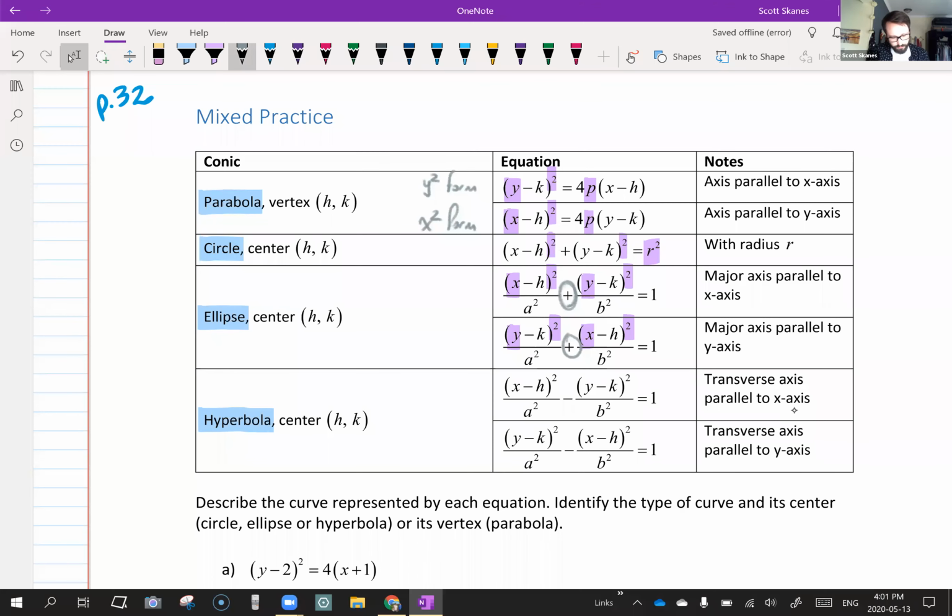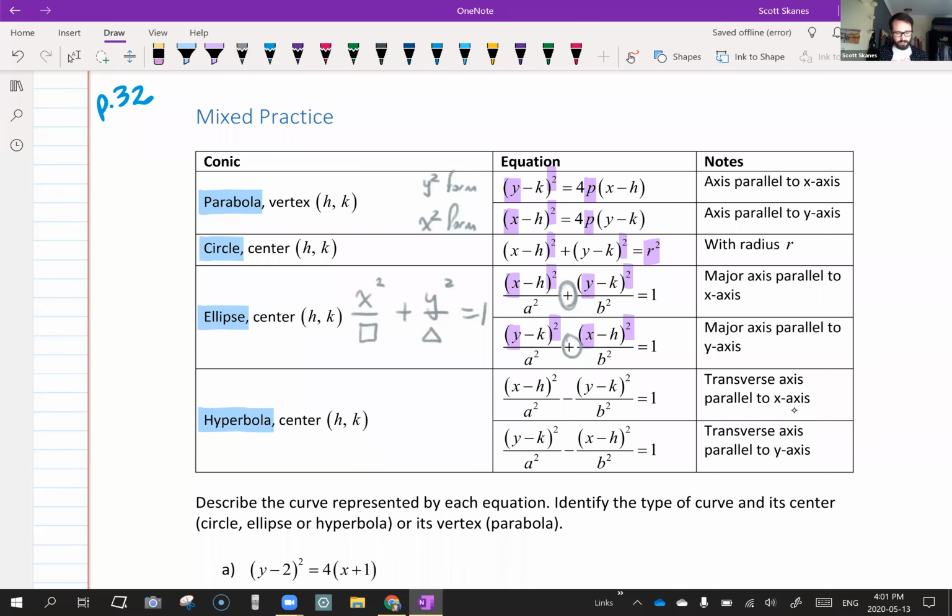One way I like to think about ellipses: you have an x-type term and a y-type term on top, and it's always equal to 1. You have something on bottom, I'll call it a square, and something different on bottom, the triangle. I'm using square and triangle because sometimes it's A, sometimes it's B. My point is, when you look at the equation, you know it's an ellipse because you have x and y squared stuff with a plus in the middle, and the fractions on bottom are different. That would be your key.